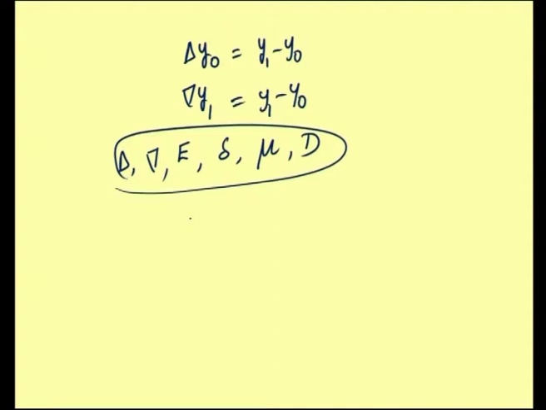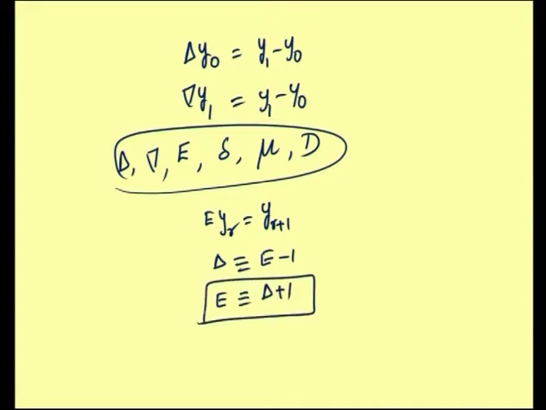I will just write down the relationship between the operators, that is E y r is equal to y r plus 1, E being the shift operator, it shifts y r to y r plus 1. So, delta is equivalent to E minus 1 and E is equivalent to delta plus 1. This is one relationship between E and delta, and similarly nabla is equal to 1 minus E to the power minus 1.